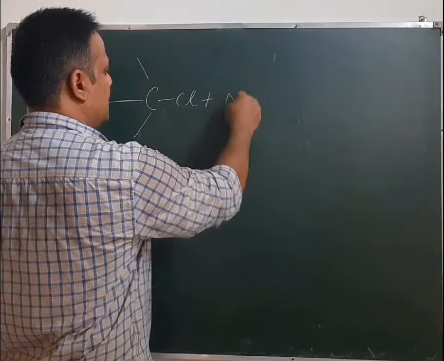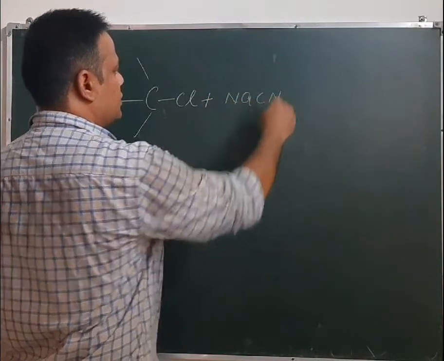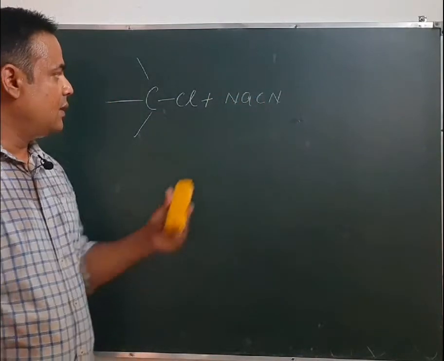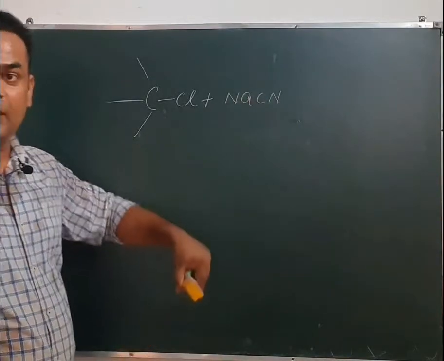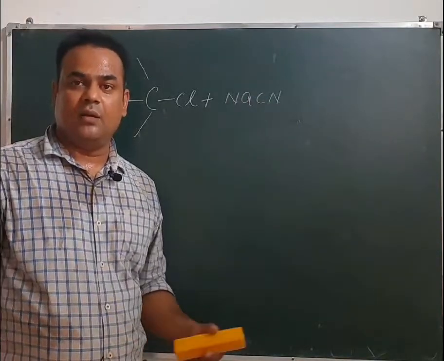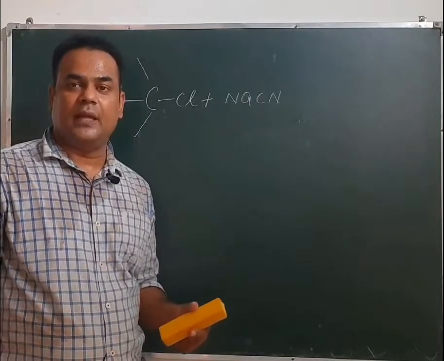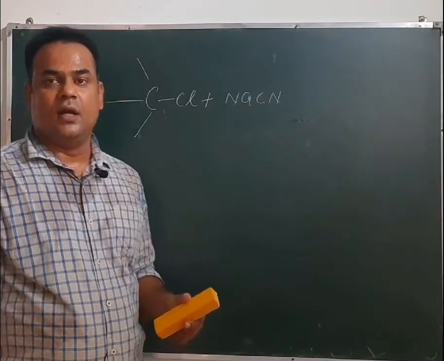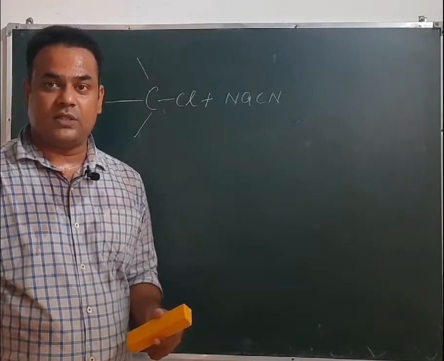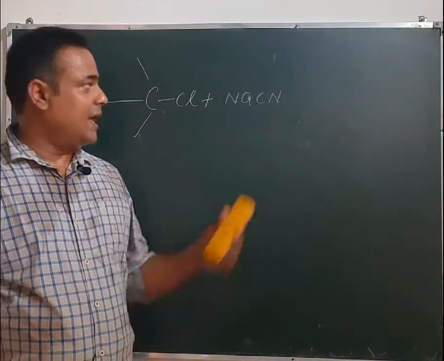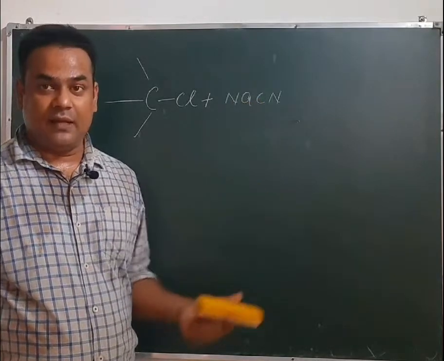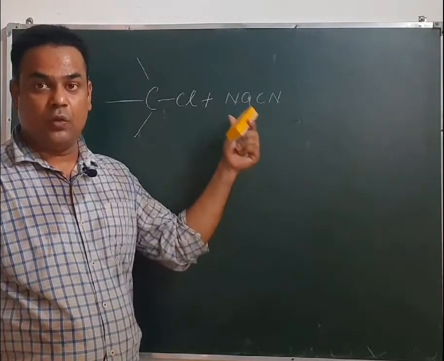plus NaCN, the same question arises. NaCN, when added into water, being an ionic compound, will dissociate into Na+ and cyanide ion. Sodium, acquiring a positive charge, will never behave as a nucleophile, and the cyanide ion, being negatively charged, will behave as a nucleophile.